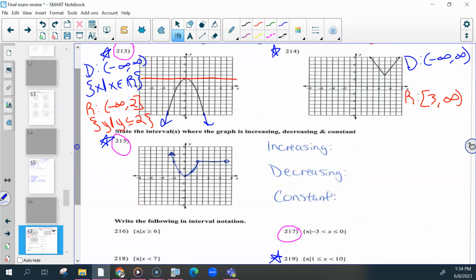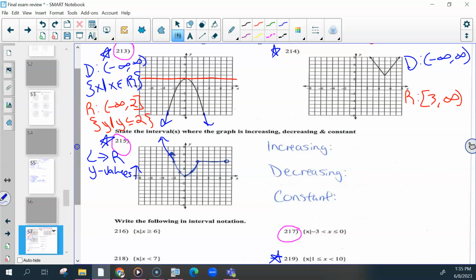215, increasing, we're looking for, as you're looking left to right, where your y values are going up. But you write x values. So as I'm looking left to right, I see that this keeps going.